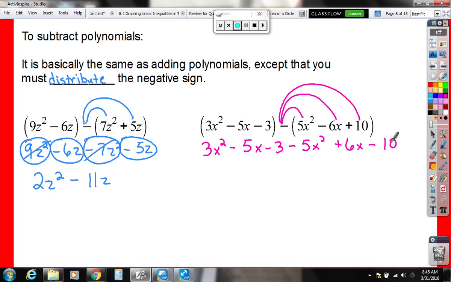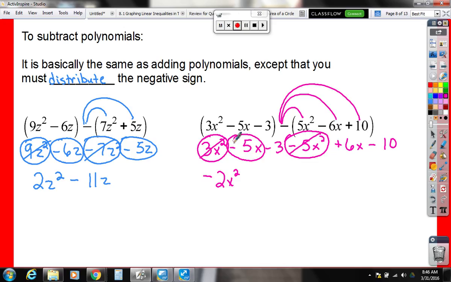Carson. Minus 3x squared. Negative 5x squared. Okay, and get? 2x squared. Good. Next. Brittany? Negative 5x and 6x.